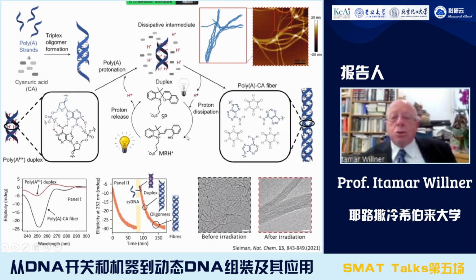If we shine light on the protonated merocyanine, we get back in a very efficient and rapid way the spiropyran, and this process now releases protons. So this is a regulator that releases protons fast and takes up the protons in a slow fashion.